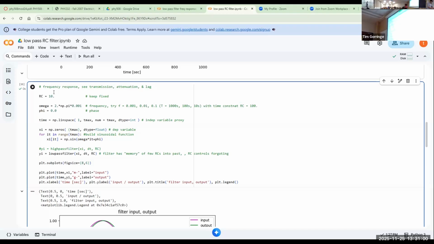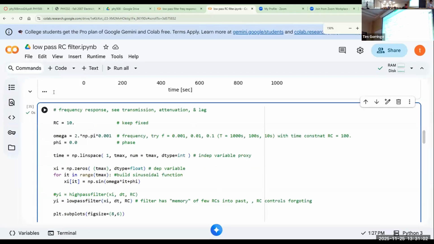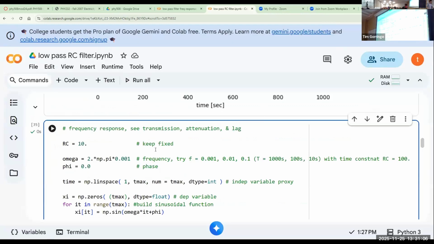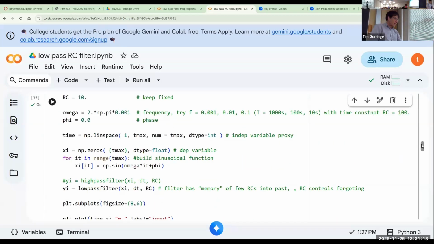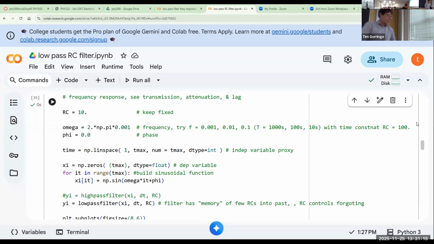I've got to make this bigger. This cell is basically a cut and paste of the last cell, except I'm just changing the input and maybe some values. So when I show you, I'm going to keep RC constant at 10 seconds. That was one of the cases we used in the last cell.